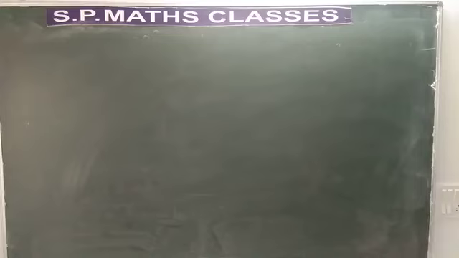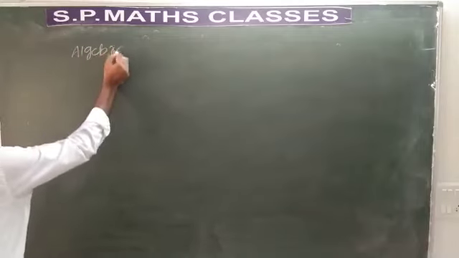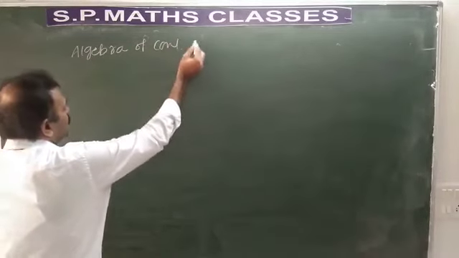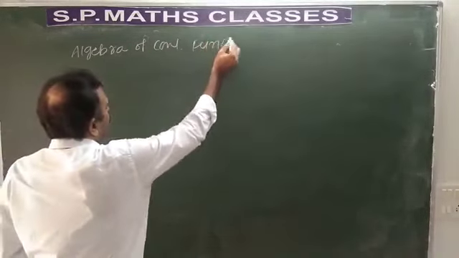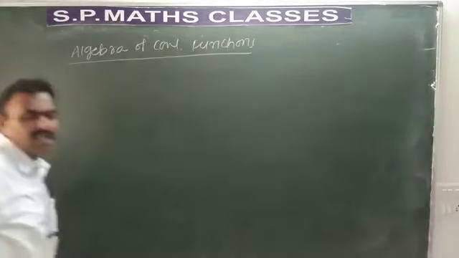If f and g are two continuous functions, this is the algebra, and we need to have a note of this: algebra of continuous functions. Please have a note of this.